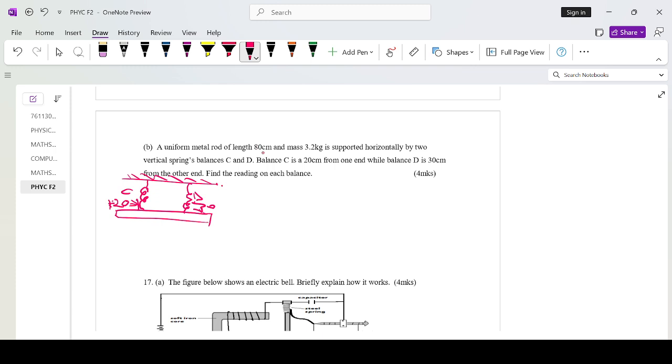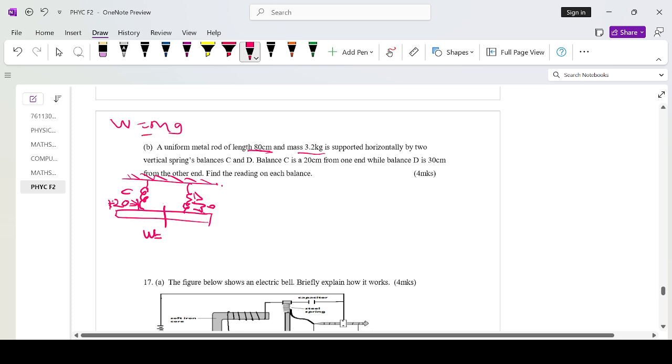Because the length is 80, at the 40 centimeter mark here we have its weight acting downwards. If the mass is 3.2, weight equals mass times gravity, 3.2 times 10, that gives you 32 newtons. So the weight acting downwards here is 32 newtons.